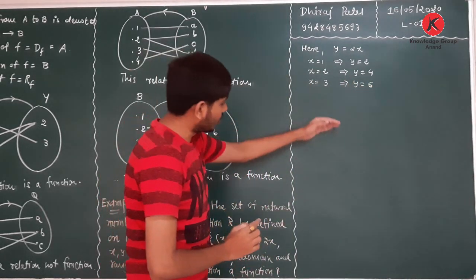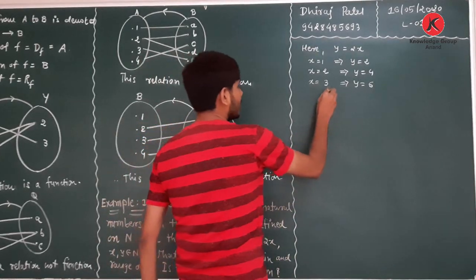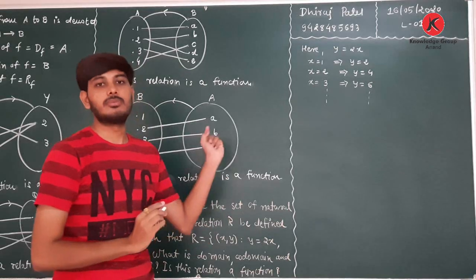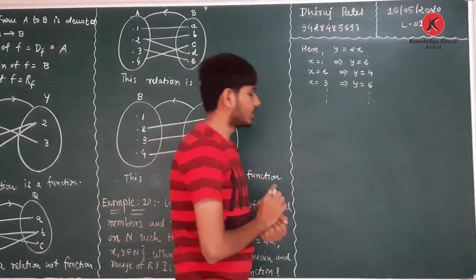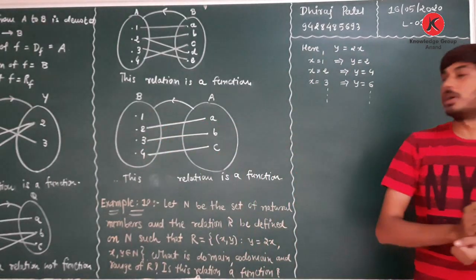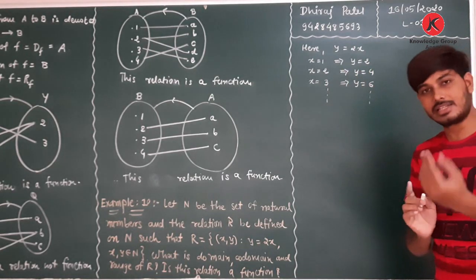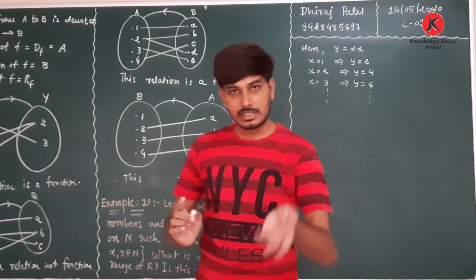Same way તમે આ કેલ્ક્યુલેશન્સ કરતા જશો એટલે તમને ડિફરન્ટ રિલેશન્સ મળતા જશે. The different order pairs મળશે. The first order pair will be (1, 2), second one is (2, 4), third one is (3, 6), next (4, 8), (5, 10), (6, 12).